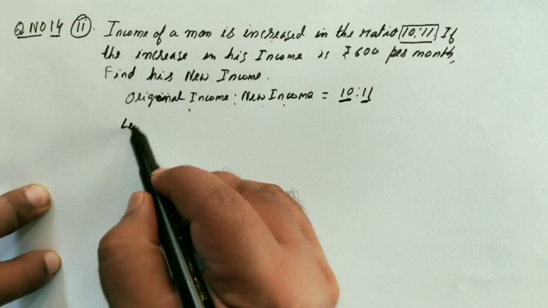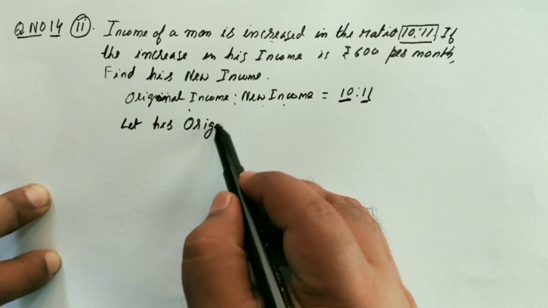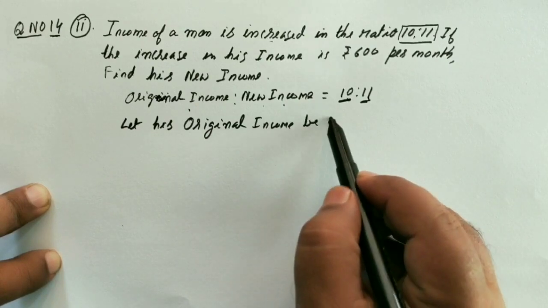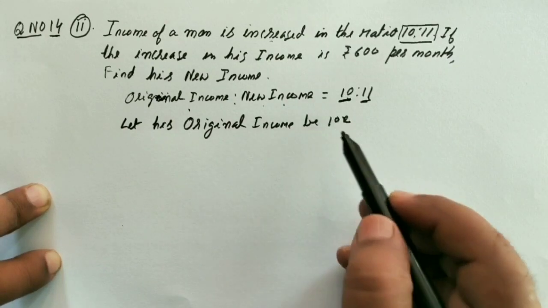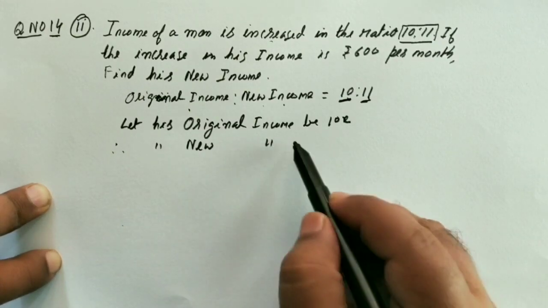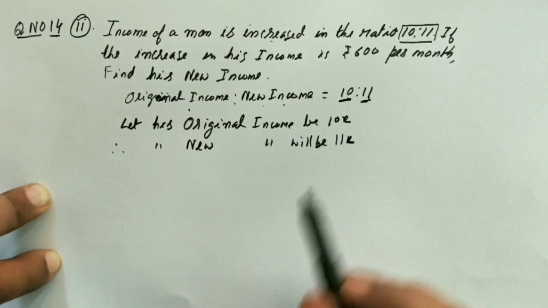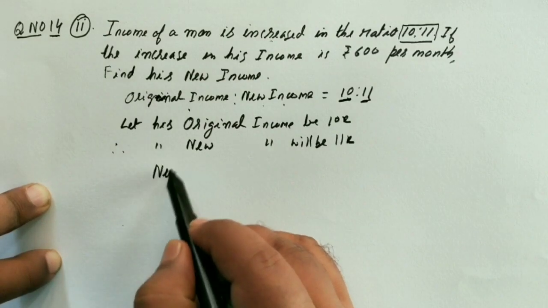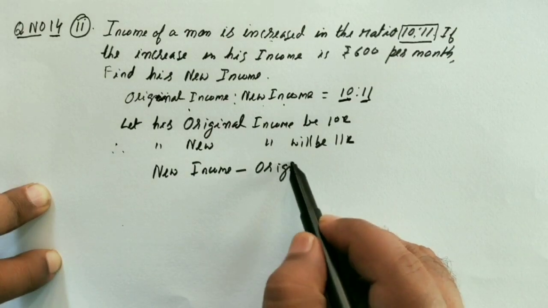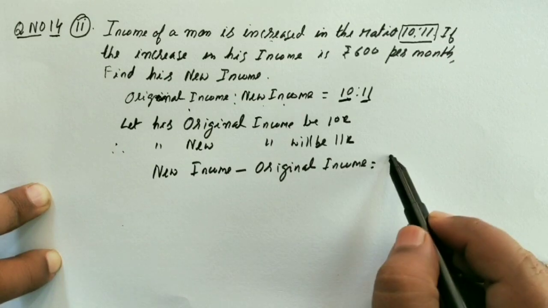So, let his original income be 10x. Ratio is 10:11. Therefore, his new income will be 11x. Right? Now they have written here the new income minus the original income is 600.